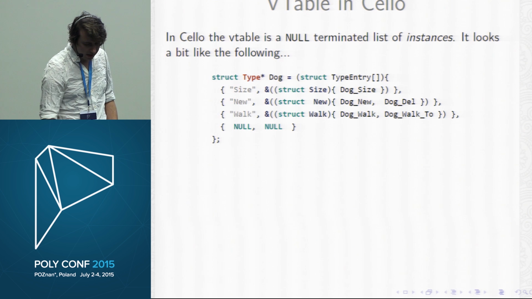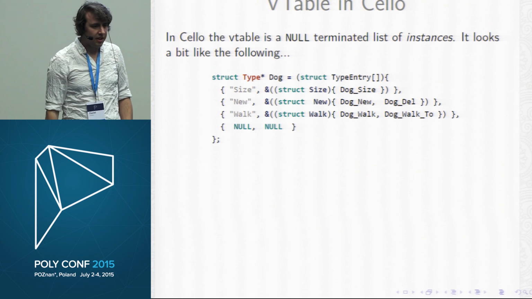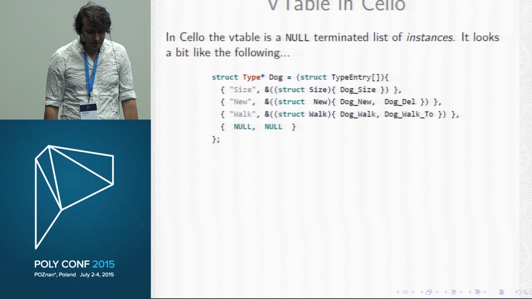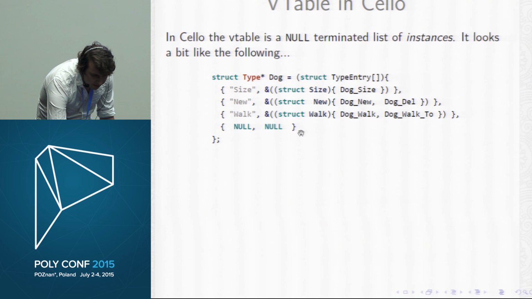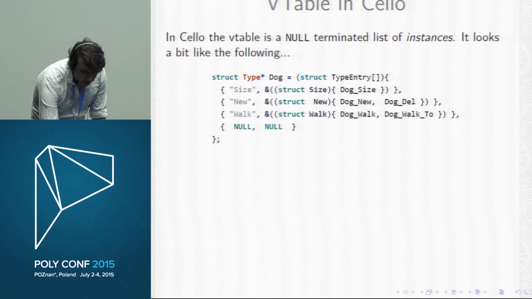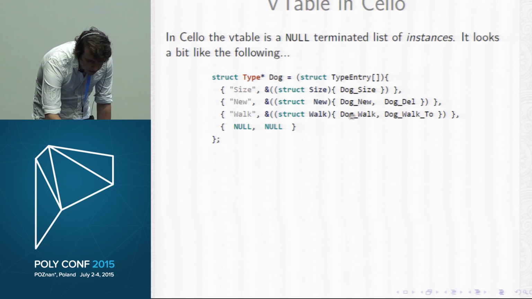So now we can think about making a vtable. In Cello, the vtable is roughly like a null-terminated list of instances. You can see this syntax. Probably it's a bit confusing, but basically this struct Walk in brackets is like saying create a version of this structure called Walk and pass in these two functions, dog_walk and dog_walk2.